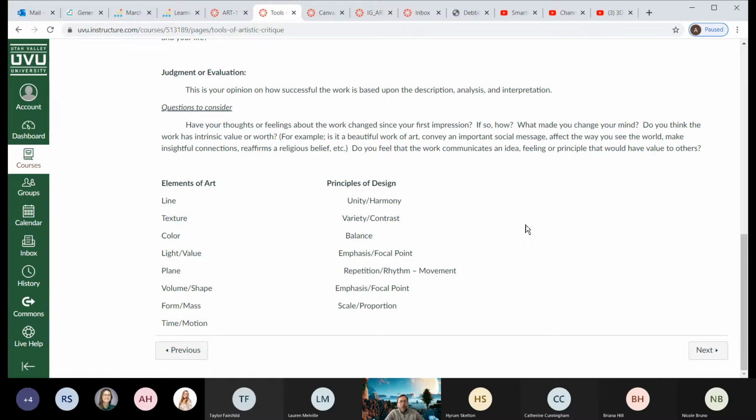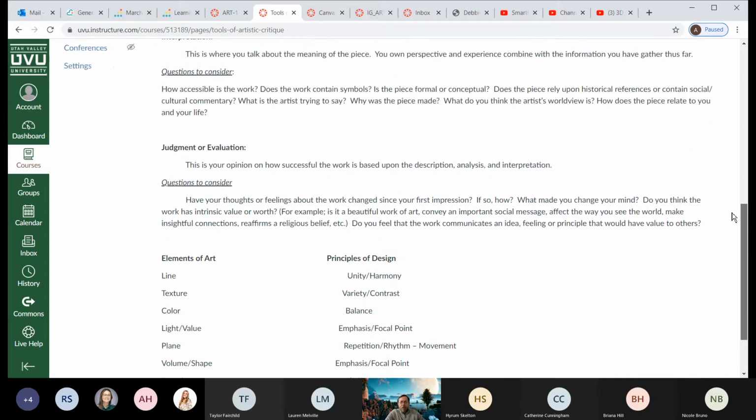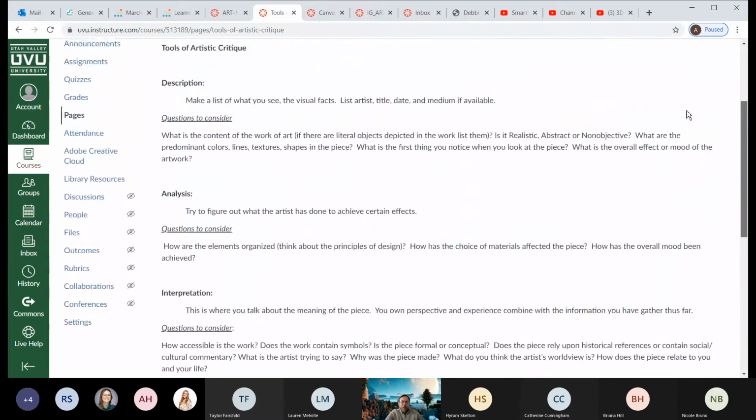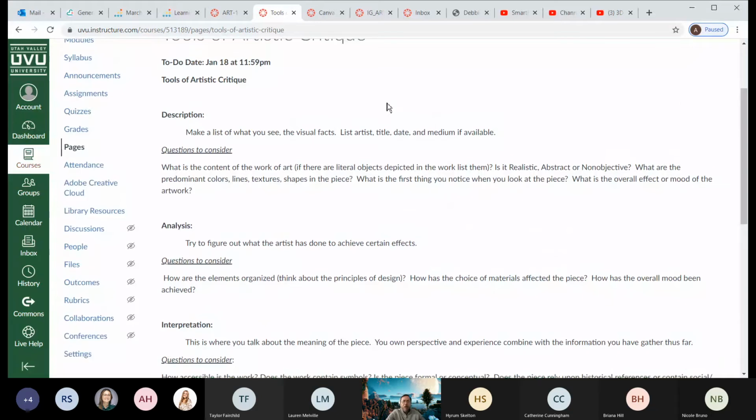Are there any specific focal points? Or is this whole thing designed to keep your eye roaming around? Does it feel like it has mass? Does it feel really heavy? Or, on the other hand, does it feel like it's super light? So these are the things to keep in the back of your minds, so that you could talk about it as you go over your tools.